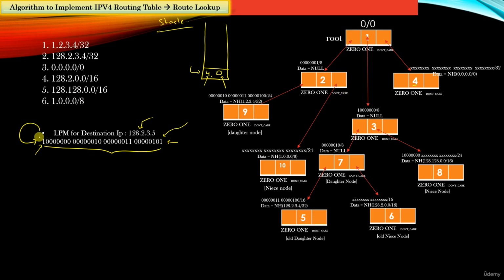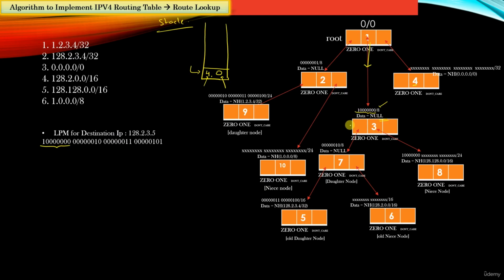The first bit of the input string is 1. So we will take the path along the 1th child of the root node, and we land at the node number 3. The prefix length of the node number 3 is 8, so we are going to match the first 8 bits of our input string with the first 8 bits of the node 3.